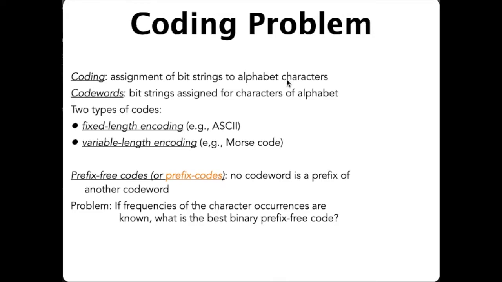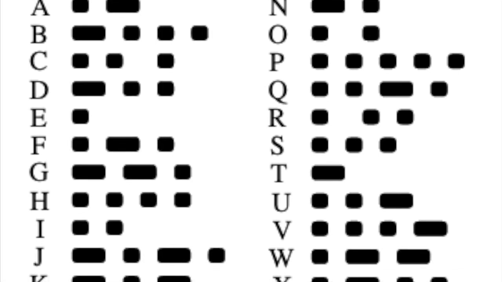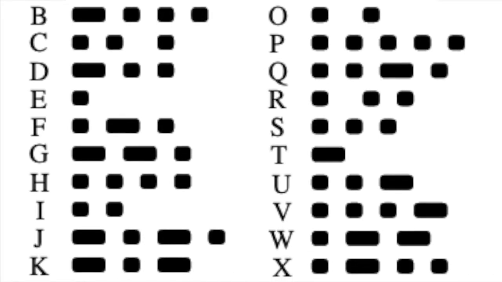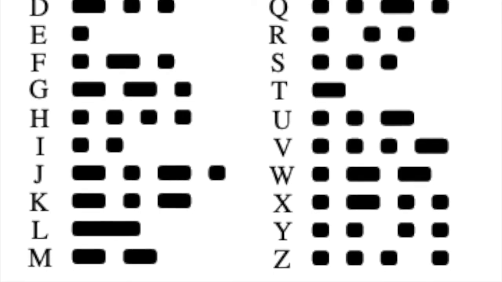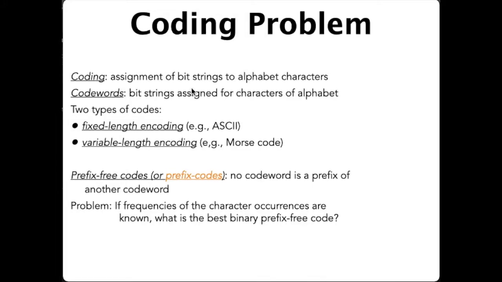That's a coding problem. Another example is how can we transmit messages using Morse code? So we can have another representation, not binary but dots and dashes, if we use Morse code. So the code word here is the bit string assigned for each character of the alphabet.